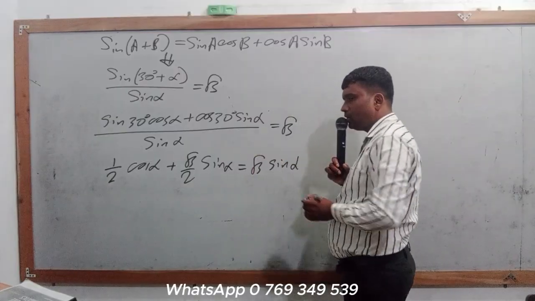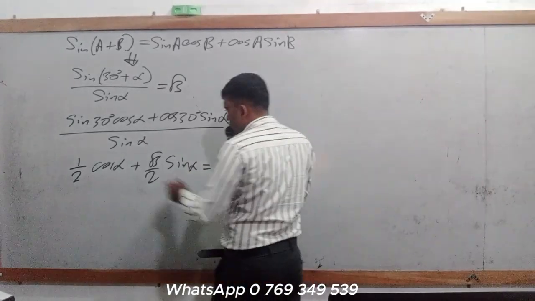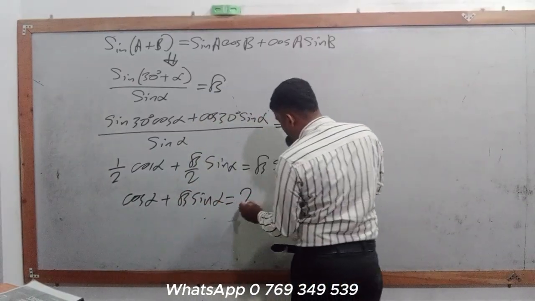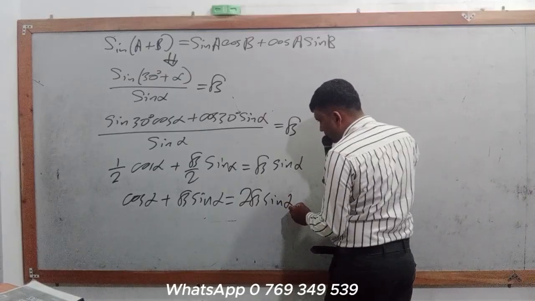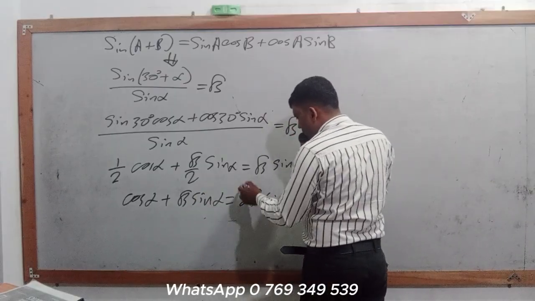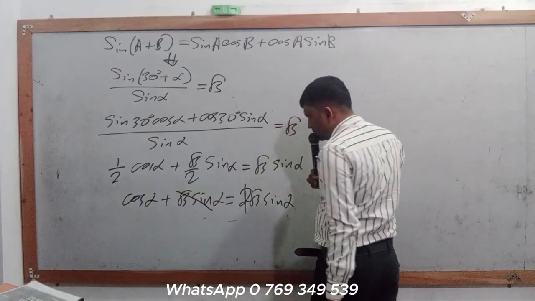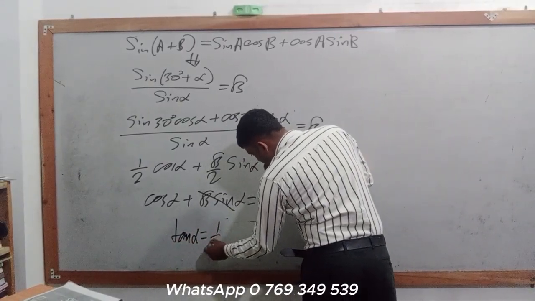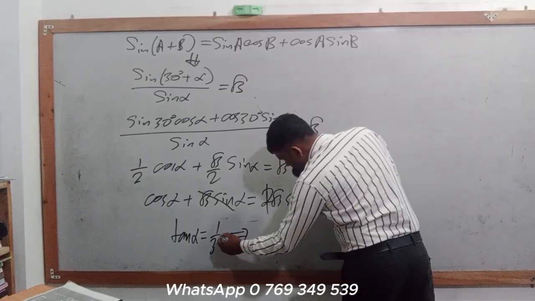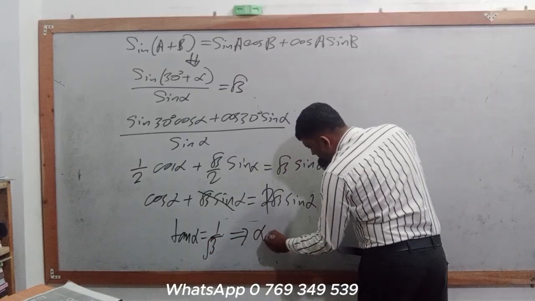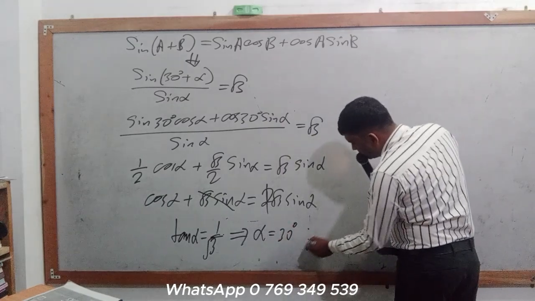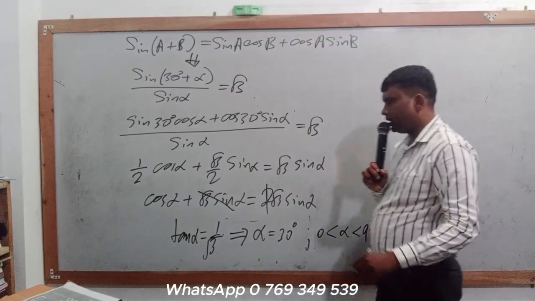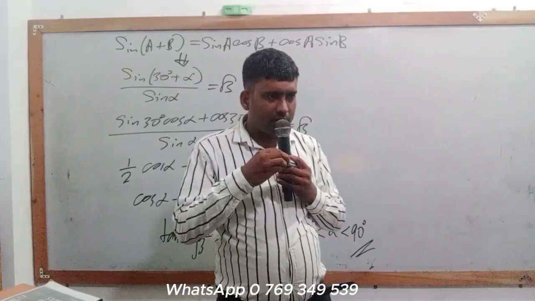Multiply everything by 2: cos alpha plus root 3 sine alpha equals 2 root 3 sine alpha. Now cancel, and we get tan alpha equals 1 over root 3, therefore alpha equals 30 degrees, given that 0 is less than alpha less than 90.